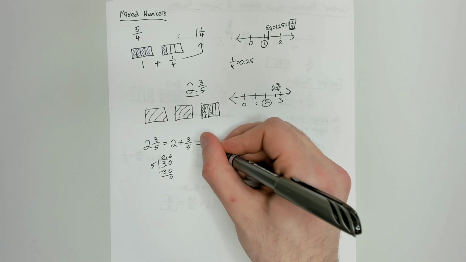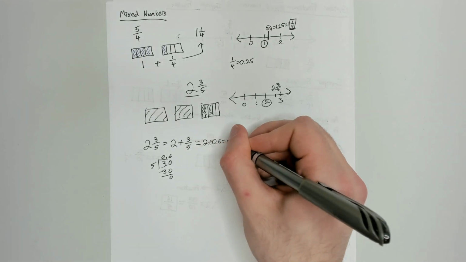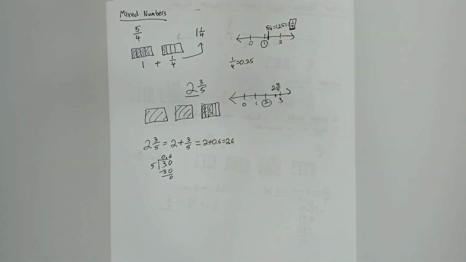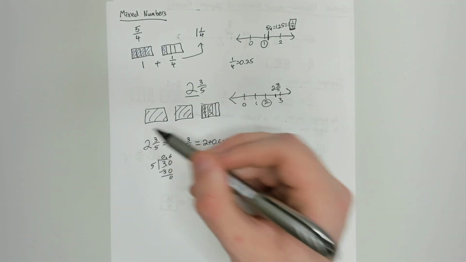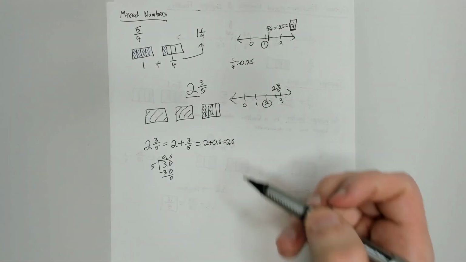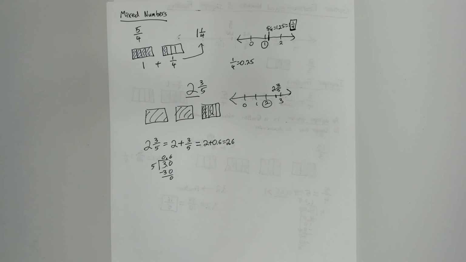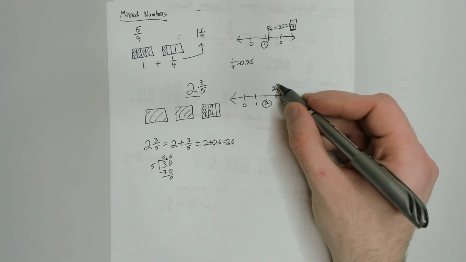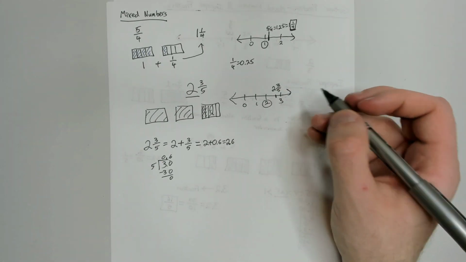So 2 and 3/5 becomes 2 plus 0.6, and we get 2.6 just like that. So it's not too hard to convert a mixed number into a decimal. You just chunk off this fractional piece, do what we already know how to do in converting it into a decimal, and then add it back together. And we see that 2 and 3/5 is actually just 2.6.